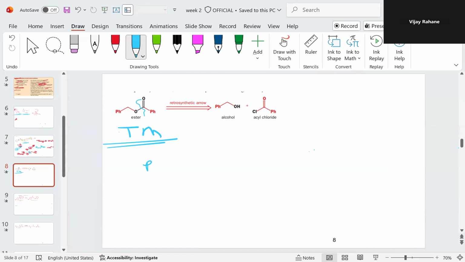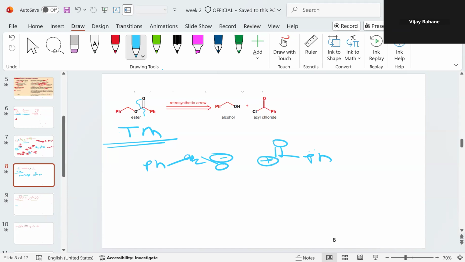I'll draw the intermediate step. This is PhCH2O negative. This is the one synthon, and another part is this acyl cation. So this acyl cation is basically O and the Ph. So this will be the positive.